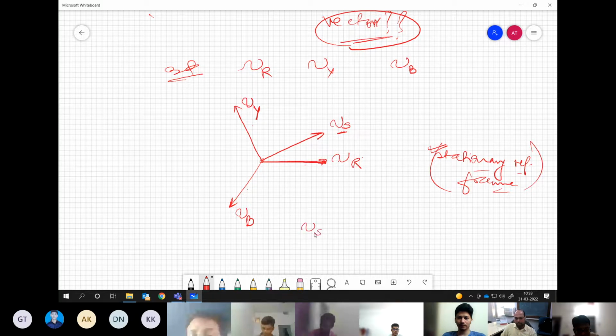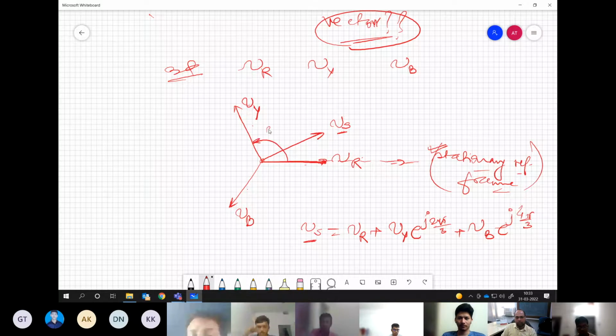So what we do basically, our voltage vector is nothing but VR plus Vy e raised to the power j 2 pi by 3 plus Vb e raised to the power j 4 pi by 3. I am taking this axis as my reference angle. So if this is my reference axis, then this is 2 pi by 3 and this is 4 pi by 3.